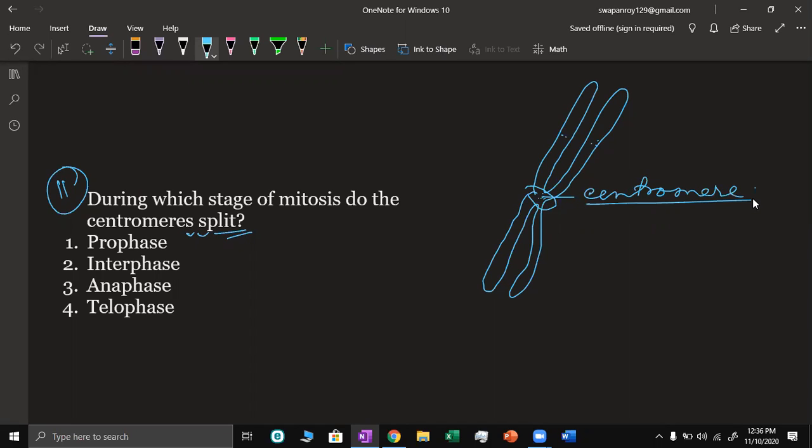And at the centromere there is a kinetochore to which the spindle fibers are attached. So during anaphase, this centromere will split longitudinally and the two chromatids will separate.